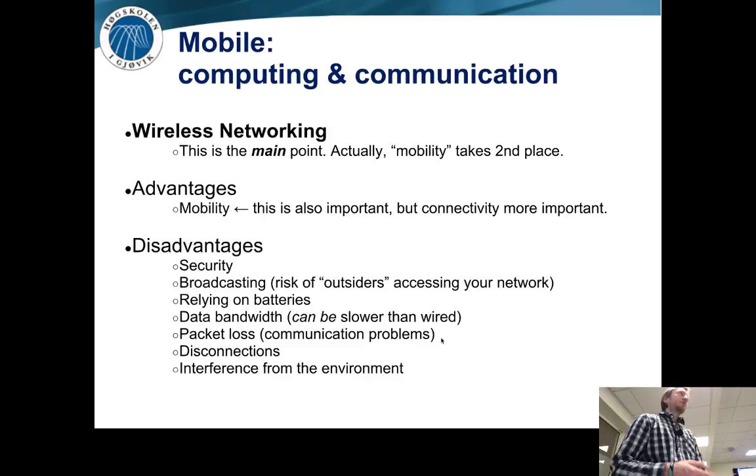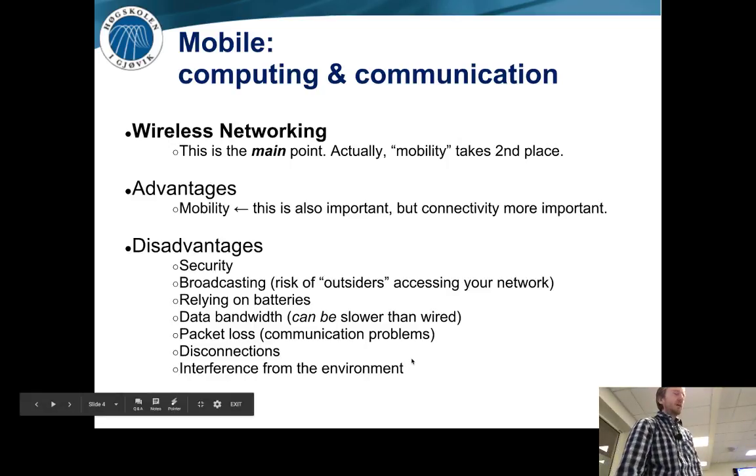You have packet loss, of course. So even though you might be using lossless connectivity, there will still be packet loss because of interference, because of environmental factors and so on, and they will have to be retransmitted. You don't have to deal with it, but somewhere in the protocol stack, someone needs to deal with it.